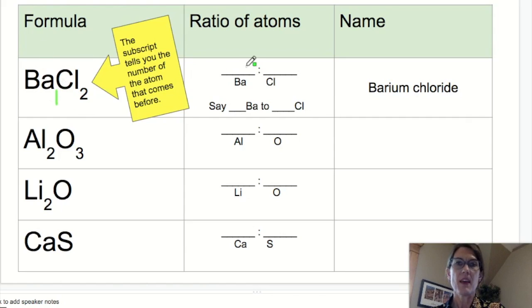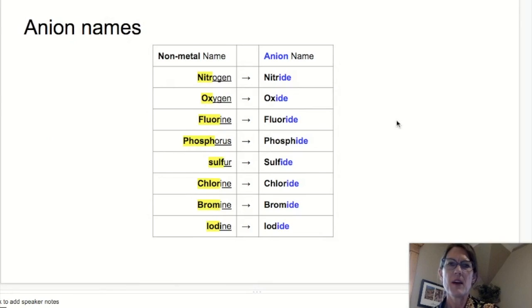So 1 Ba and 2 Cl. So the way I would say that is the ratio is 1 Ba to 2 Cl. 1 to 2. And then the name is Ba is barium. If you're not sure, you'd have to look at a periodic table. Chlorine becomes chloride. So now pause here and then try to fill in the rest of your chart.